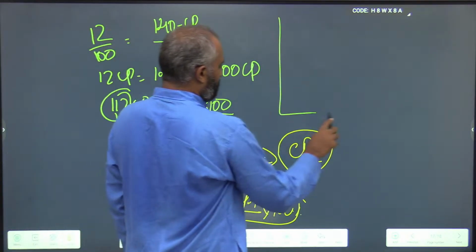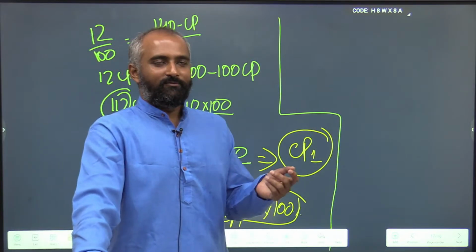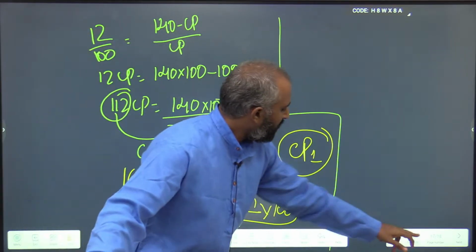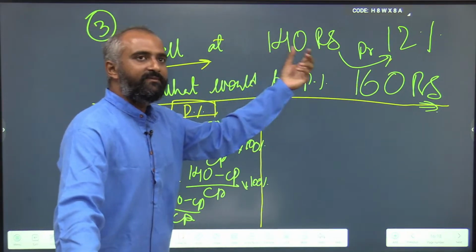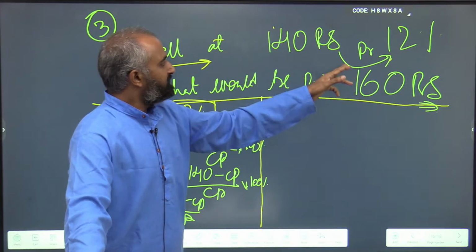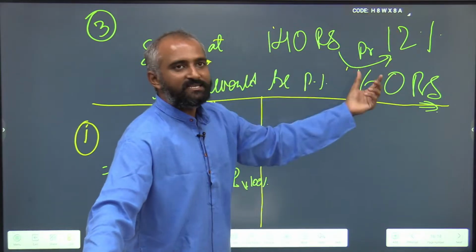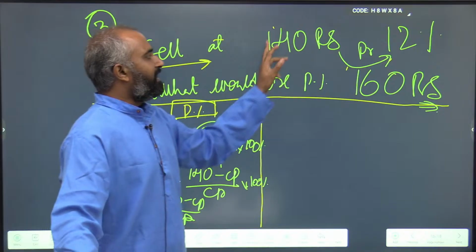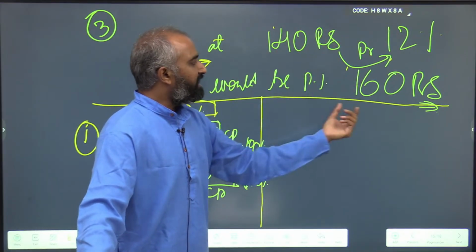But you see how the problem is given. He has given us two SPs. Instead of directly finding out the profit percentage from this information itself, what are we doing? We are going in a roundabout way, finding out the CP, that too using a formulaic approach, and then finding out the profit percentage.